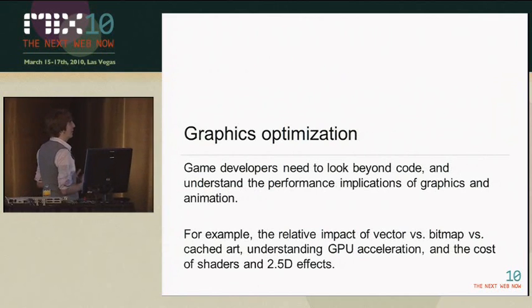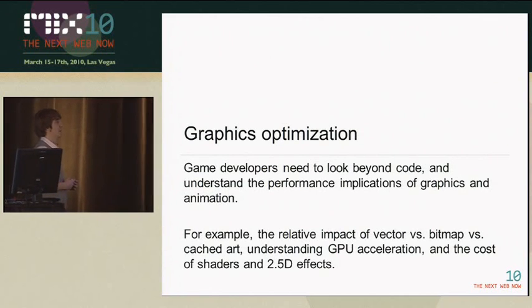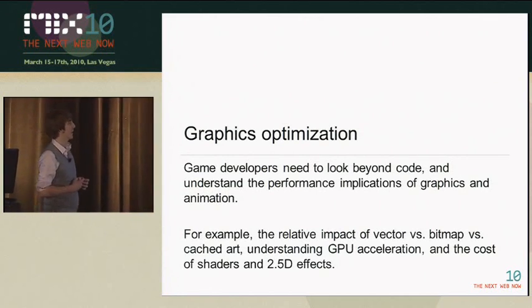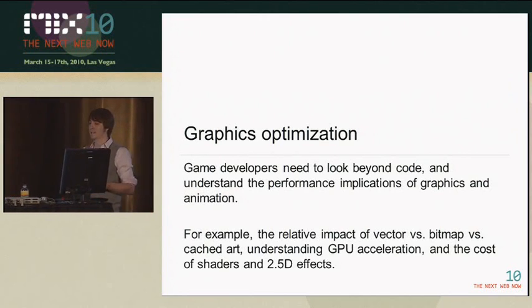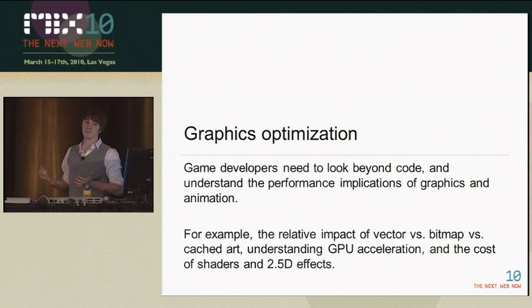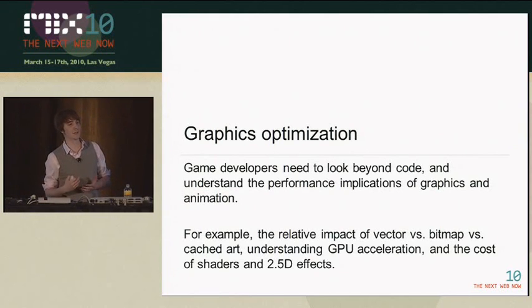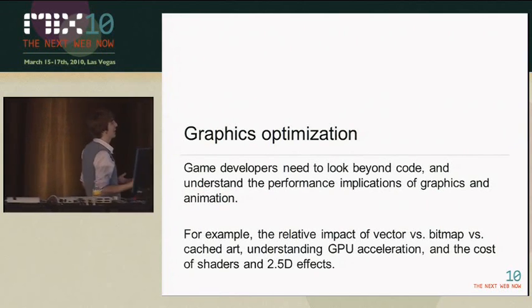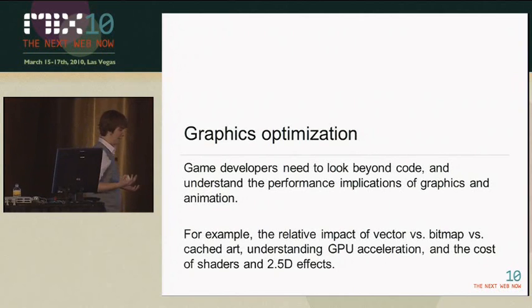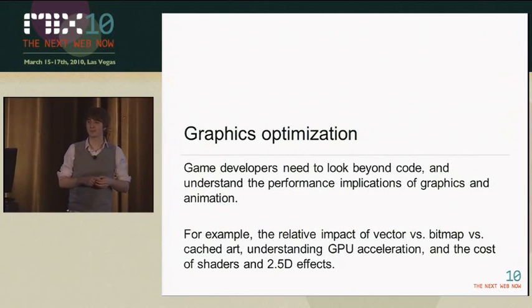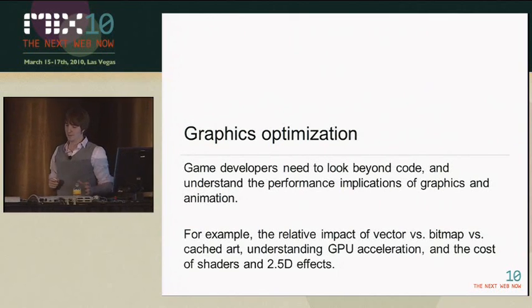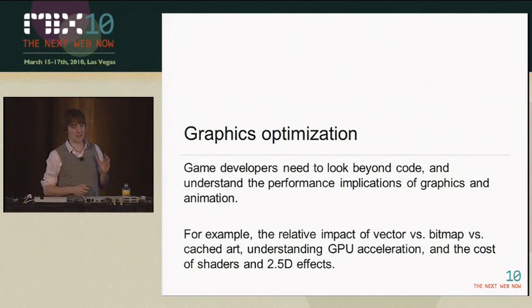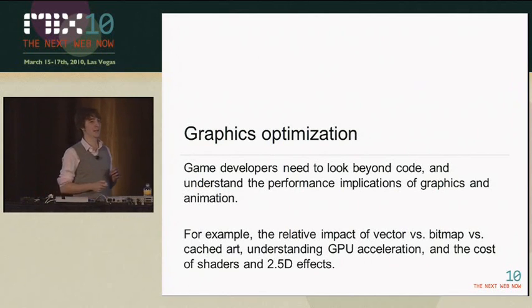We also have to know a lot about graphics optimization. So we can't just worry about code. For example, what is the impact of vector graphics versus bitmap graphics versus cached vector graphics? When does GPU acceleration kick in? We've been doing some testing, and at this point, you really can't trust what you read in the documentation.